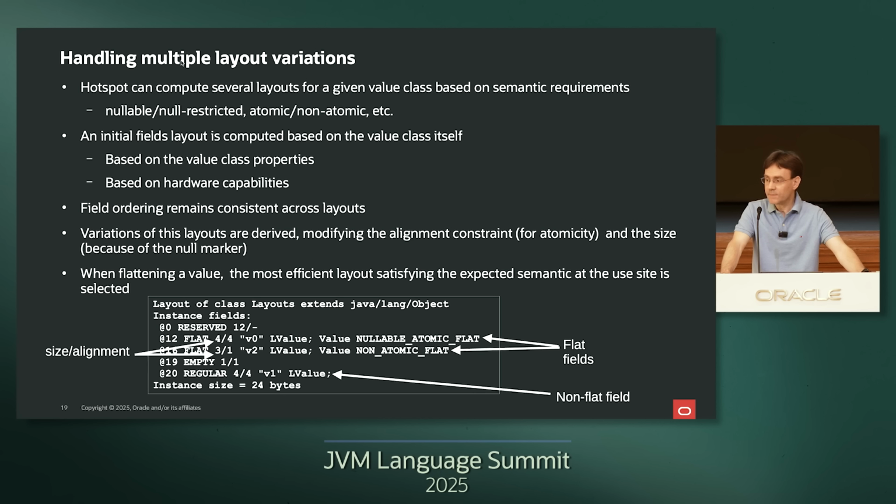They all have the same value type, but each one is using a different layout. The one at the bottom is a non-flat field, using a reference. The 2 other ones are flat. The numbers you can see on the left, 4/4, 3/1, represent the size of the flat value and its alignment constraint.